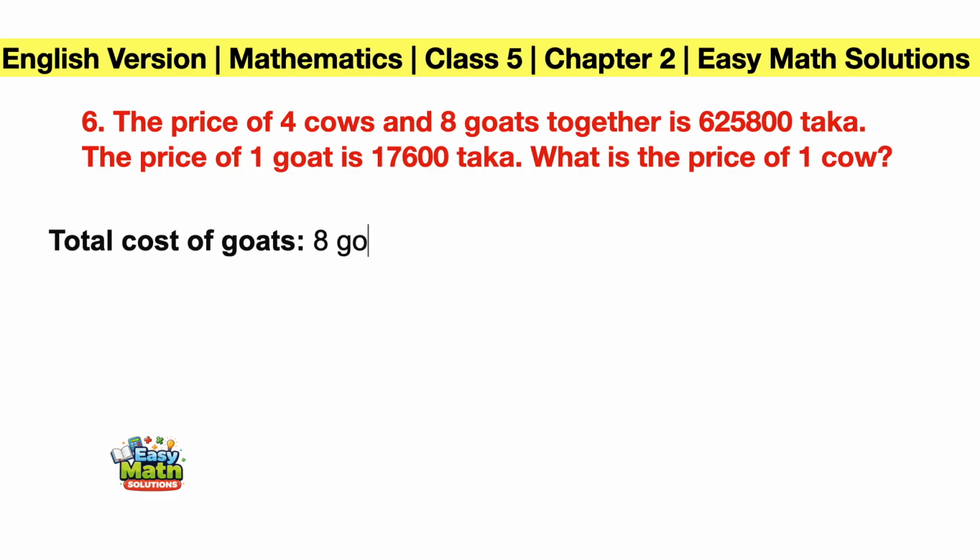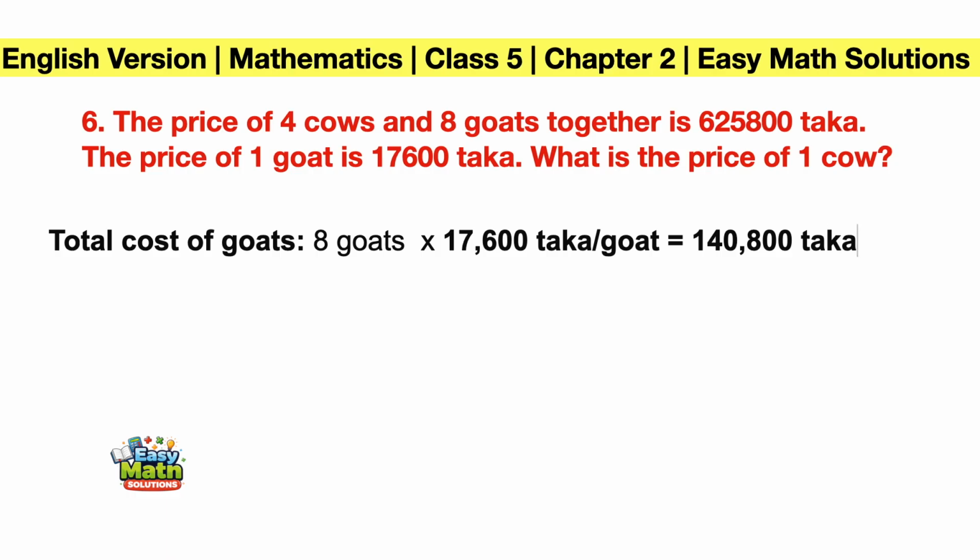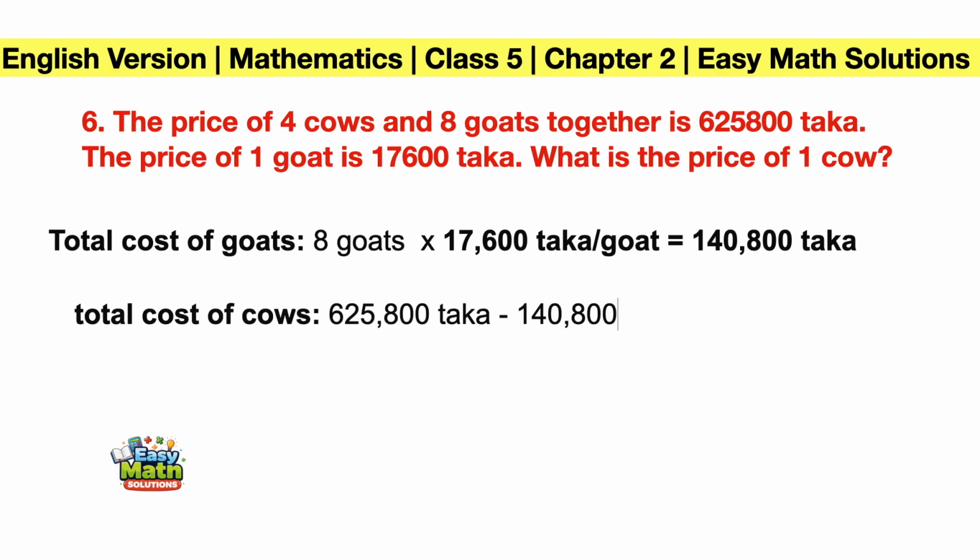So the total cost of 8 goats, 17,600 each, that means 8 goats into 17,600 equals 1,40,800 taka, the goat price.